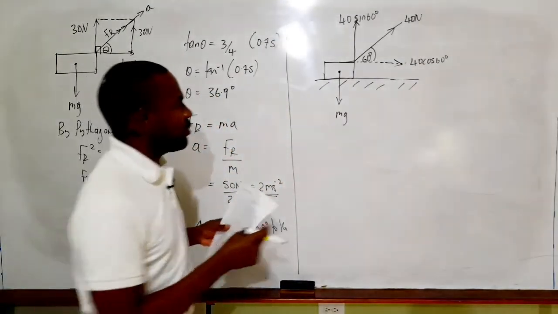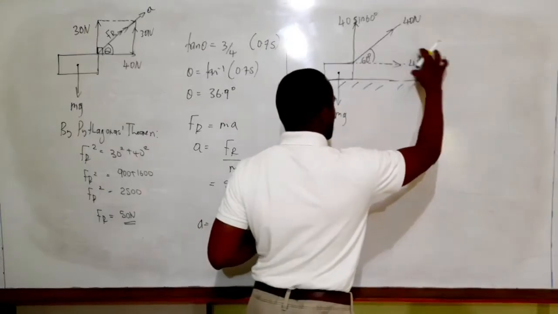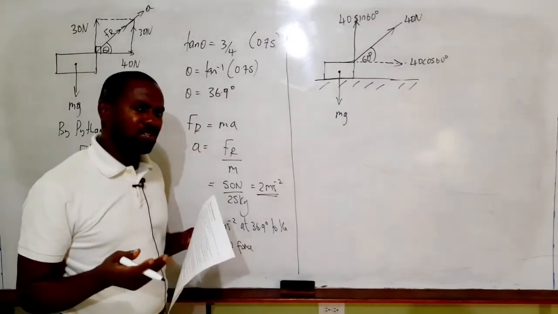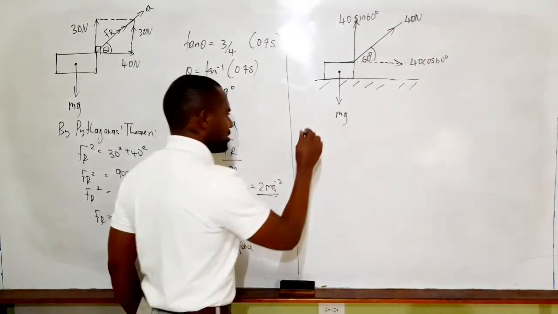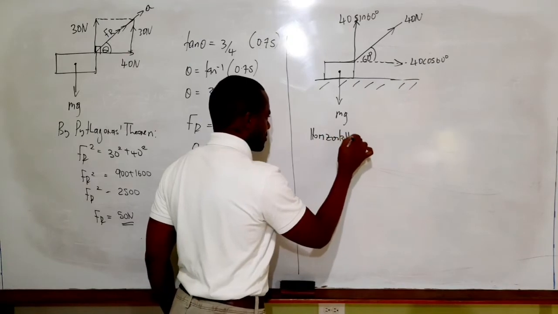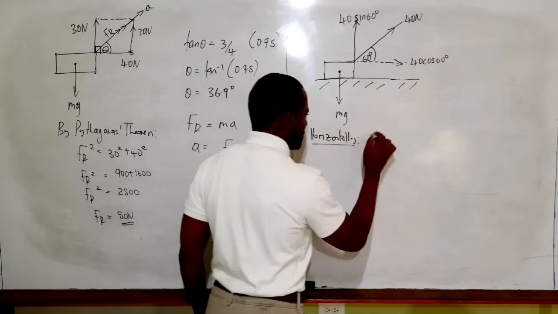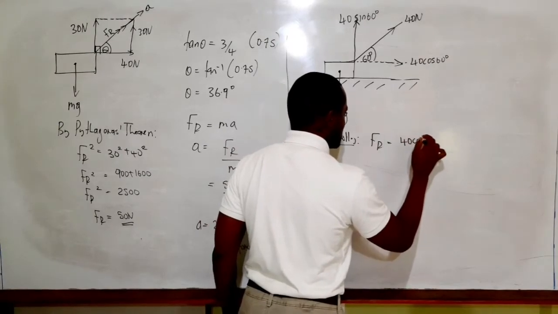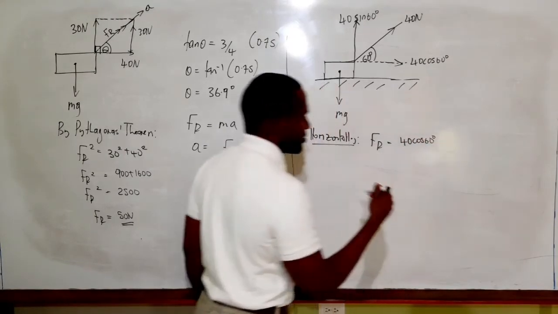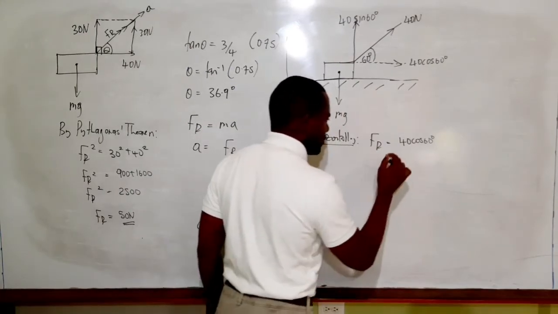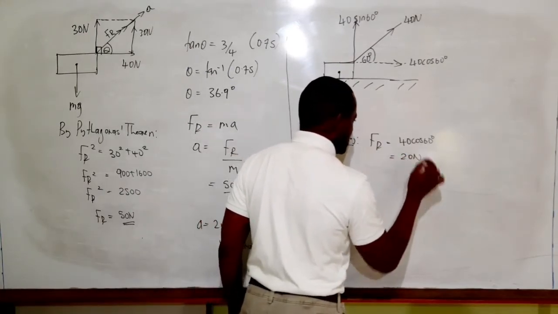So it is being pulled along the ground, and therefore this horizontal component is the one which provides the acceleration. So we can see that horizontally, the resultant force Fr is equal to 40 cos of 60 degrees. Cos of 60 degrees is equal to a half. So a half of 40 is equal to 20 newtons, right?